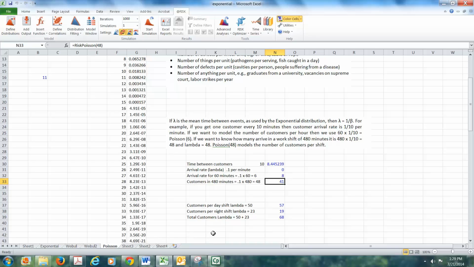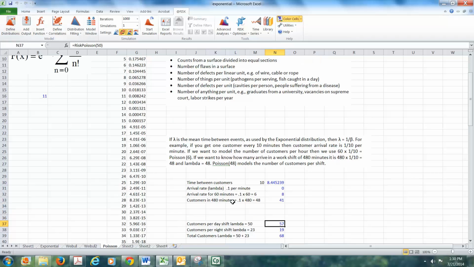The Poisson distribution has a useful property that I want to demonstrate down here now. The Poisson distribution property is that Poisson of A, so if we have customers per day shift, where lambda is 50, so let's let that lambda, some value A, be 50 for the day shift.